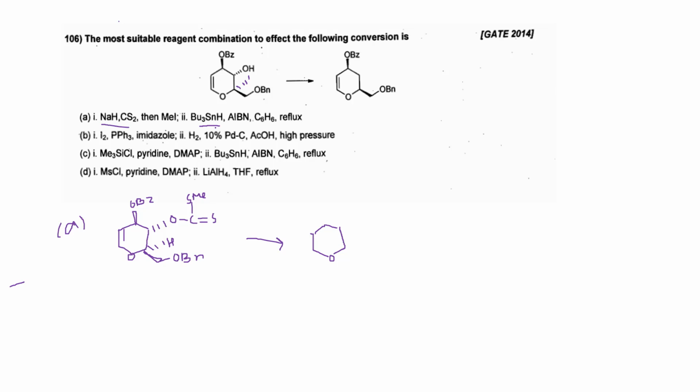So we know that Bu3SnH and AIBN generate Bu3Sn dot.